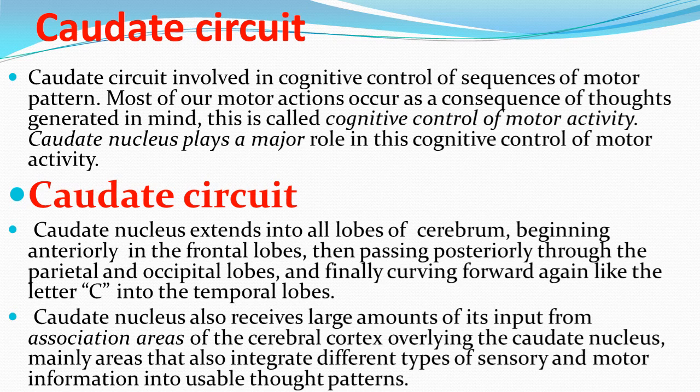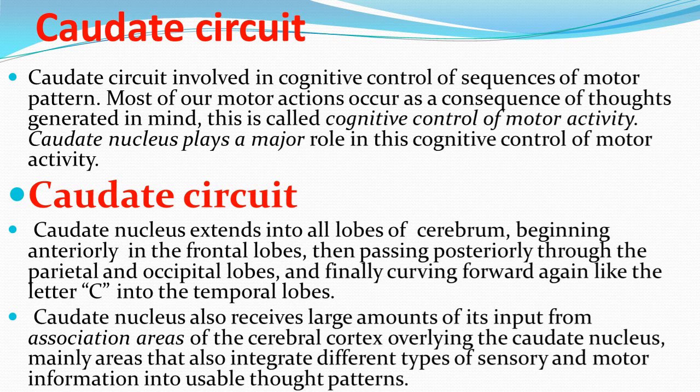The caudate nucleus plays a major role in this cognitive control of motor activity. The caudate circuit extends into all lobes of the cerebrum, from frontal, parietal to temporal. Beginning anteriorly in the frontal lobe, it passes posteriorly to the parietal and occipital lobes and finally, curling like the letter C, into the temporal lobe.